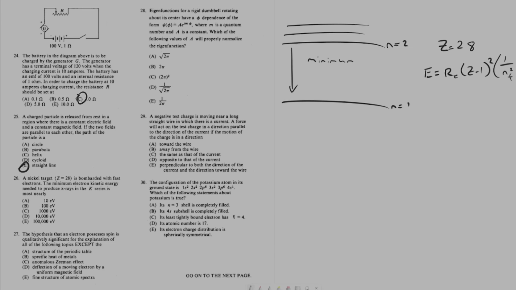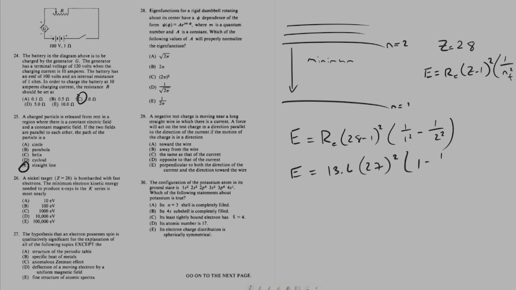So taking that, basically you're going to plug in values. I have energy, we'll just keep that there and fill that in later. 28 minus 1 squared, times 1 over 1 squared minus 1 over 2 squared. E equals 13.6 times 27 squared times 1 minus a quarter.